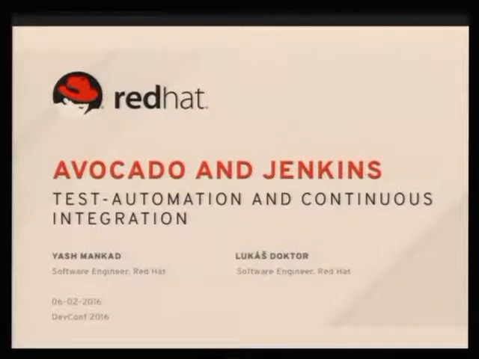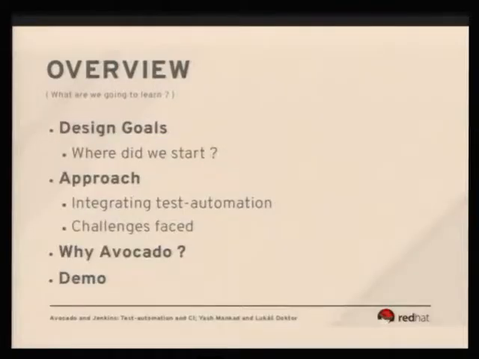We are then going to discuss how we are using Jenkins to address some of those issues and the approach we took in integrating the test automation efforts within the CI setup within the development process, and the challenges we faced in doing the same.